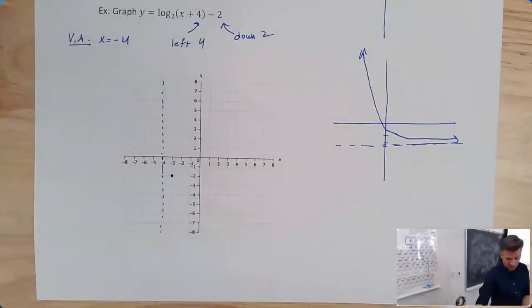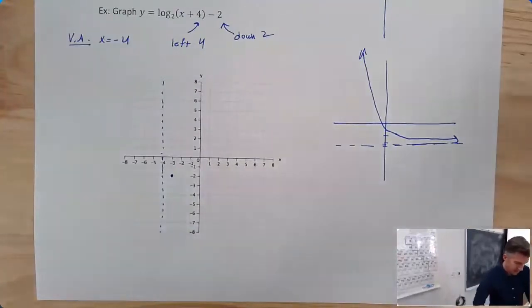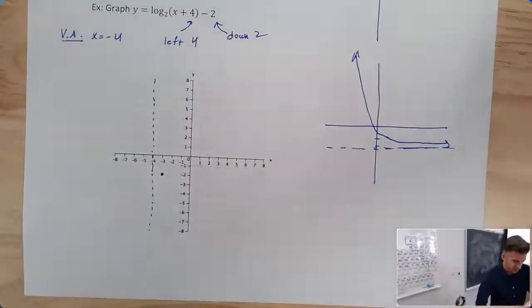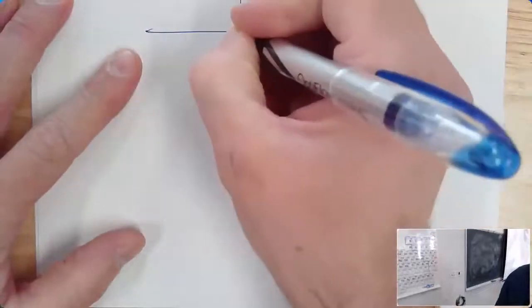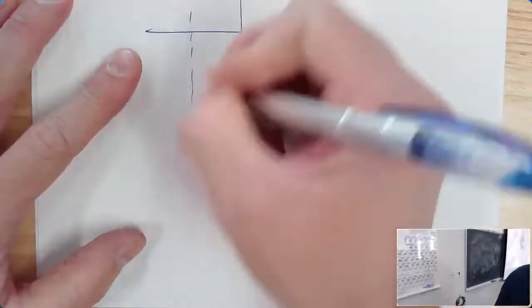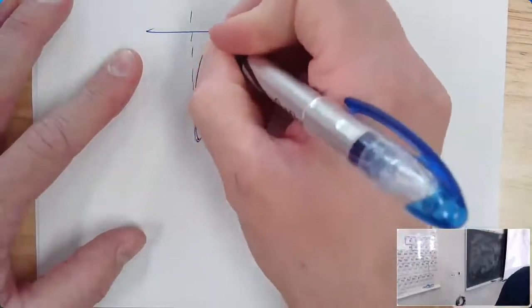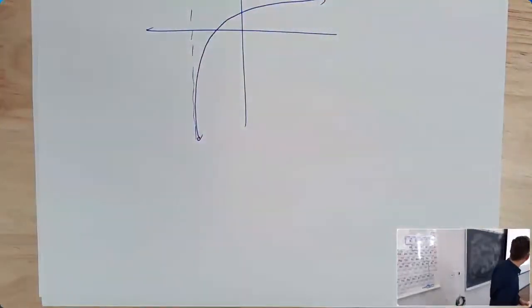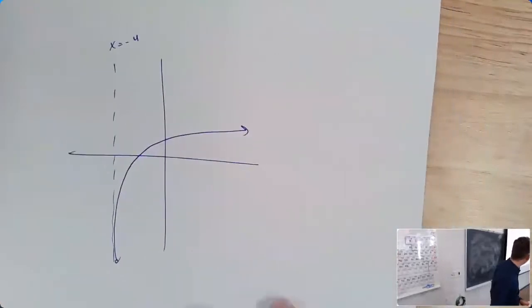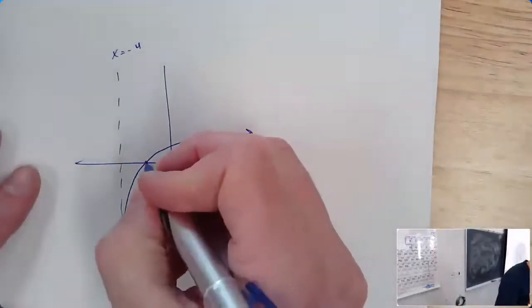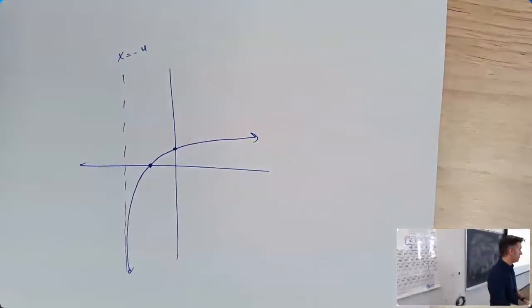I'd like some blank paper. Here's my graph. Here's my vertical asymptote, label it. Here's my logarithmic function. And then find the intercepts, label them.